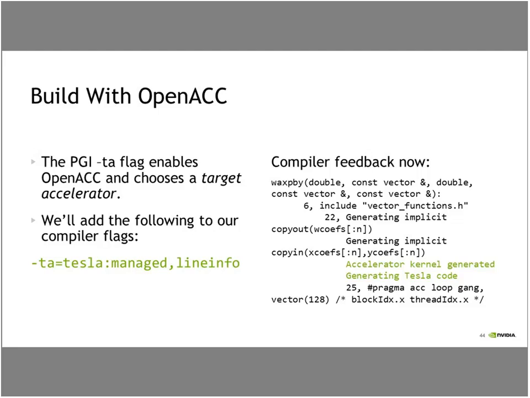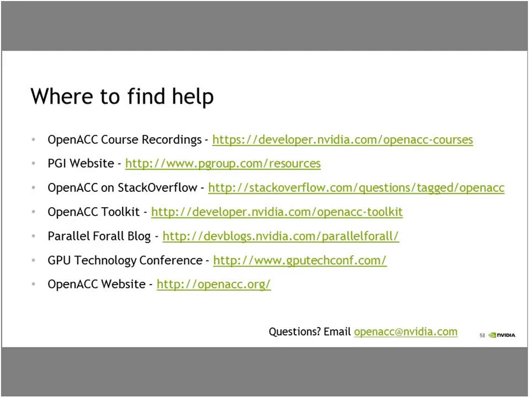And that example, if you go back to our courses page, let me find the link there. If you go to the OpenACC course recordings page here and look for the advanced OpenACC course, which we did last spring, there was a specific talk that demonstrated using OpenACC and MPI.